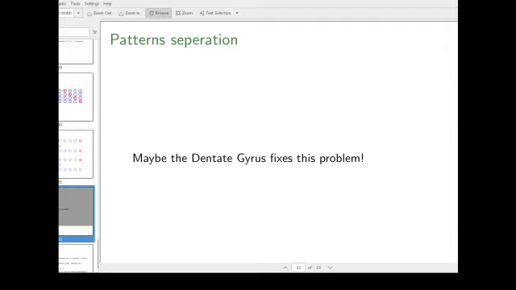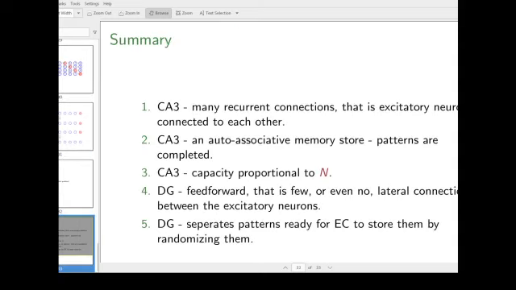And so there is an idea that pattern separation is important. Pattern separation, as I've actually written there, is important for preventing the collisions that occur when you're trying to remember things that have overlapping or similar attributes. So, in summary, CA3 has many recurrent connections. The excitatory neurons are connected to each other.